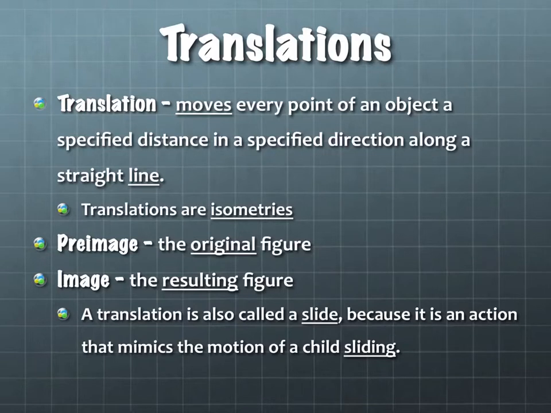Let me go through all of the bulleted points here, and then I'll show you an image. It's in your notes too, but translations are isometries. They don't change shapes or sizes of things. They preserve these distances. The original figure is called a pre-image. The resulting figure after it's moved is called the image.